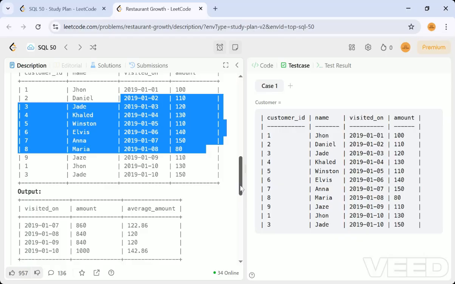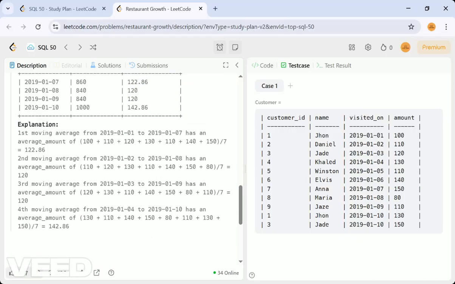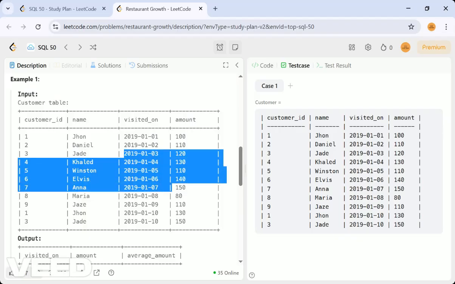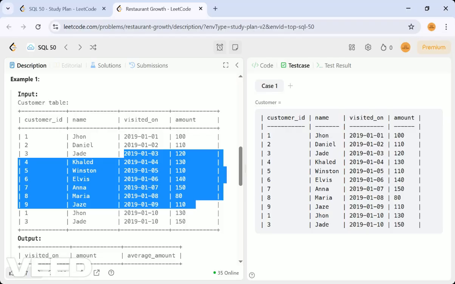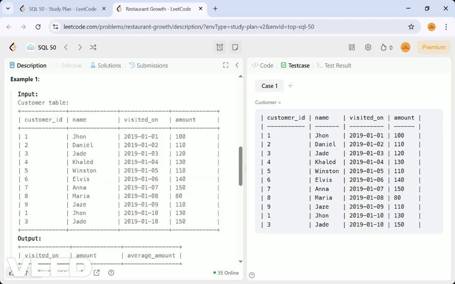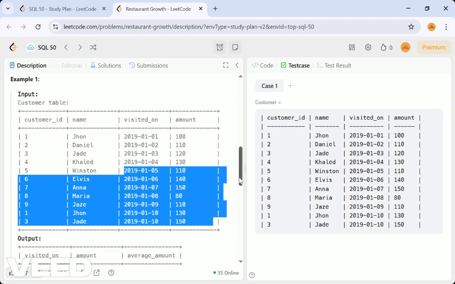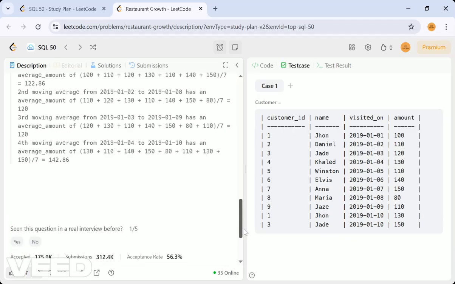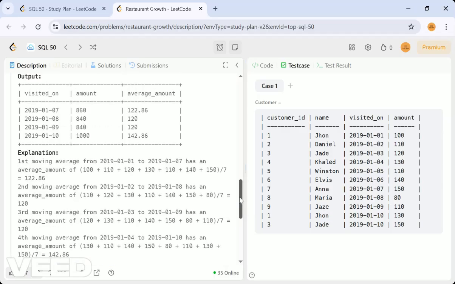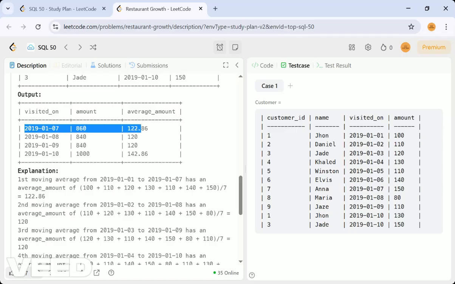The third moving average will be from 3 to 9, then from 4 to 10, and from 5 to 11. These are all the moving averages, so now we have these four moving averages. All the moving averages you have to have here, for the visited on date that it ends on.